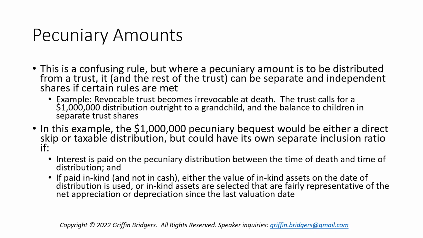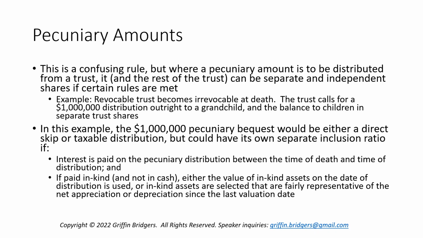Either you have to use the value of the in-kind assets on the date that the distribution is actually made, or you have to look to the last valuation date, and in that case you can only distribute assets in kind that are fairly representative of the net appreciation or depreciation that has accrued in the trust since the last valuation date.